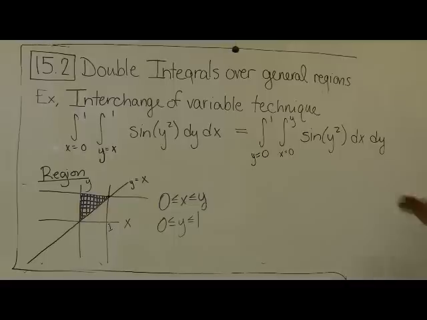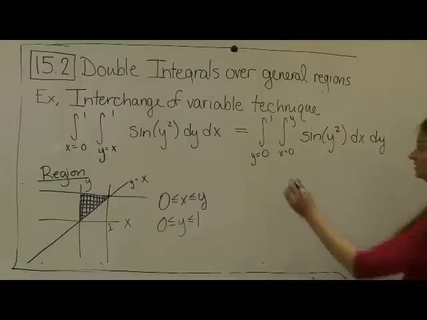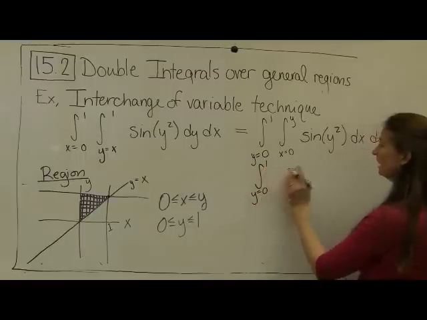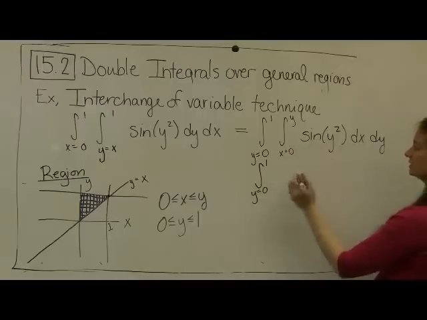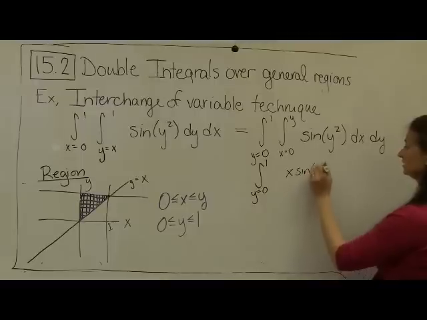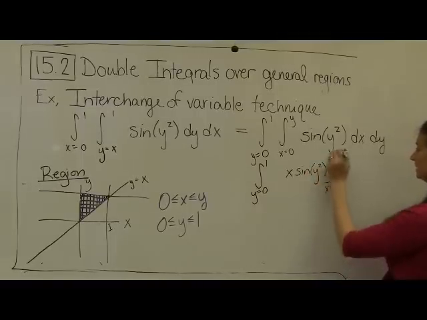So let's integrate. The sine of y squared, we're actually just going to think of this as a constant because we're integrating with respect to x. So taking the outer integral along just for the ride, I'm going to integrate with respect to x, and this is just a constant, so that becomes x times this constant, sine of y squared. And I'm going to evaluate it from x equals 0 to y.